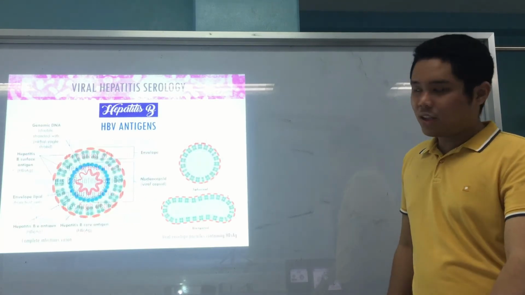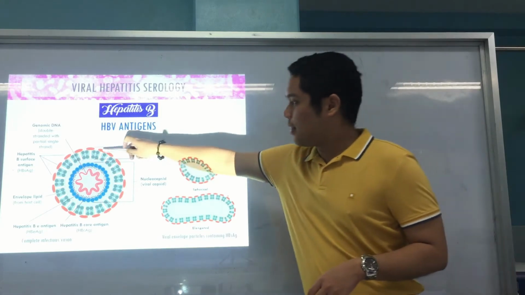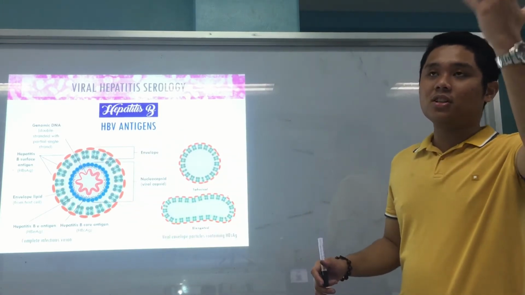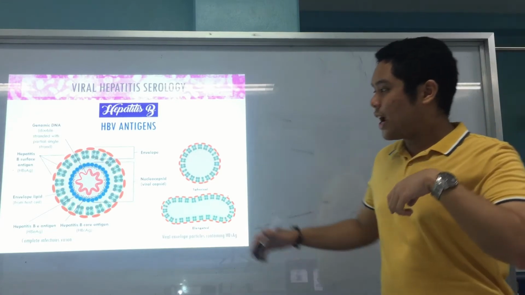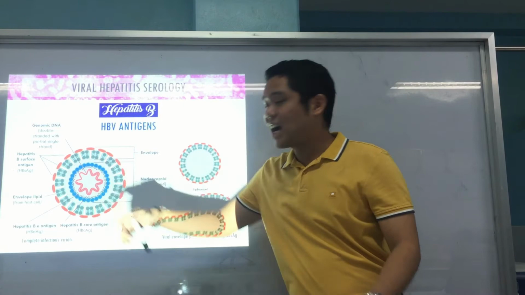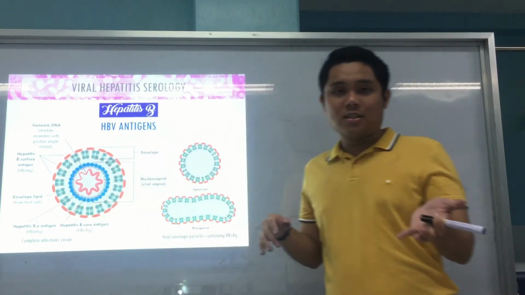So we then look into the structures of your HBV antigens. As you can see, again, this orange one, these are your HBsAg, on the surface. Your HBe antigen, as you can see, is here. It can really pass through and go out into your serum.